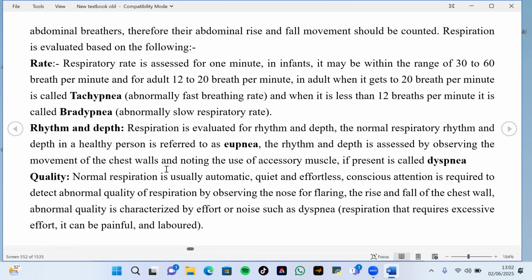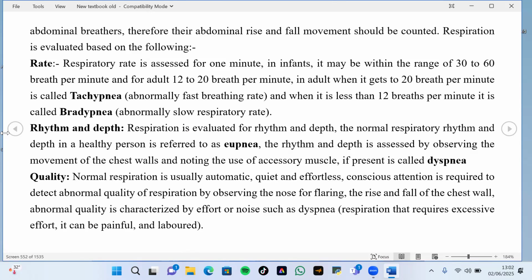Yeah, that's what's called the rhythm and depth. Respiration is evaluated for rhythm and depth. The normal respiratory rhythm and depth in a healthy person is referred to as eupnea. And this is assessed by observing and noting down the use of accessory muscles.